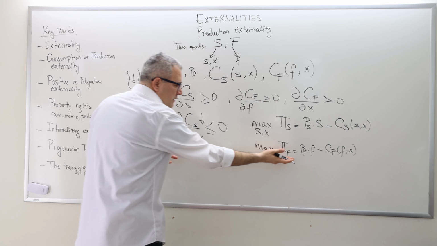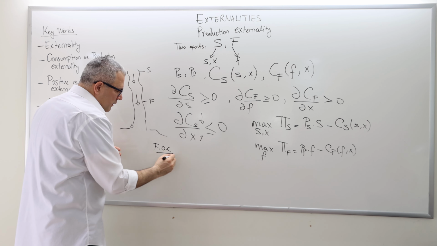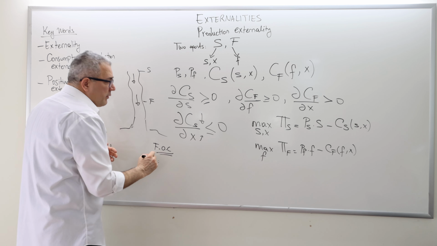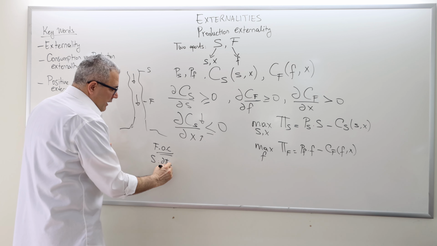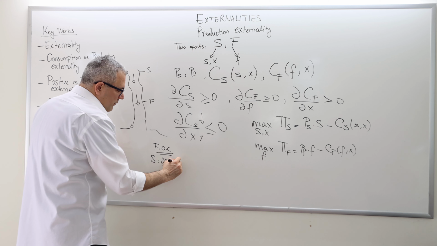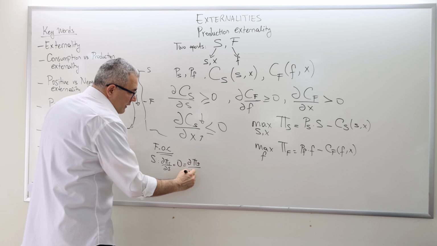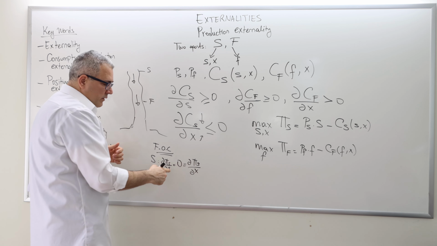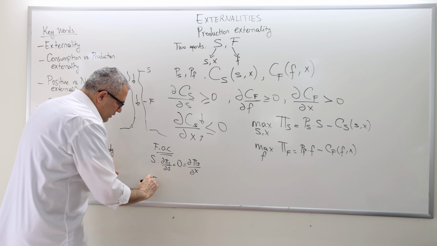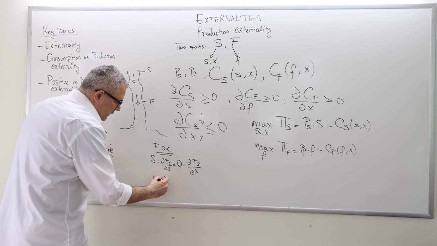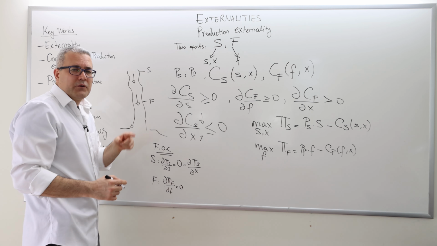To maximize the profit by choosing F, the first order conditions for the steel company are del pi_S over del S equal to 0, and del pi_S over del X also equal to 0, and solve for those two. For the fishery, the first order condition is del pi_F over del F equals 0, and solve for that.